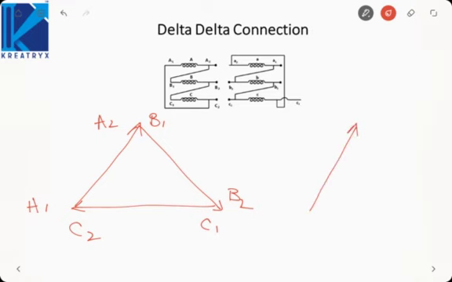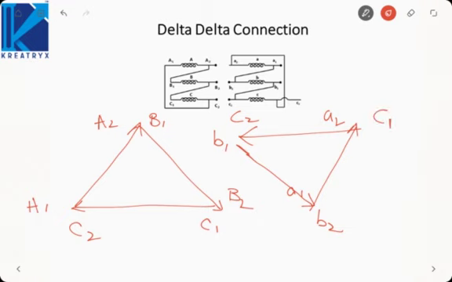I will draw like this, A1, A2. Now this A1 is connected to B2, so the B phasor will be like this. This will be B2, B1. Now B1 is connected to C2, so it will be like this, C2, C1. That is how we have to draw the triangle.